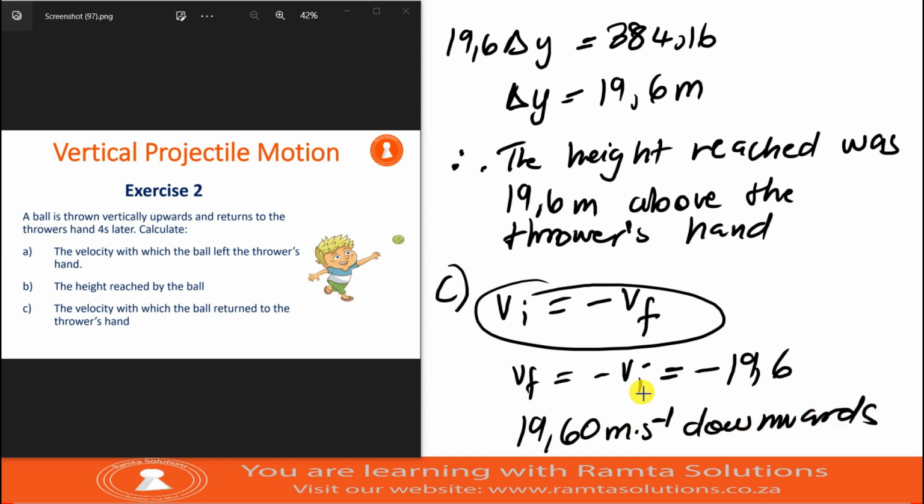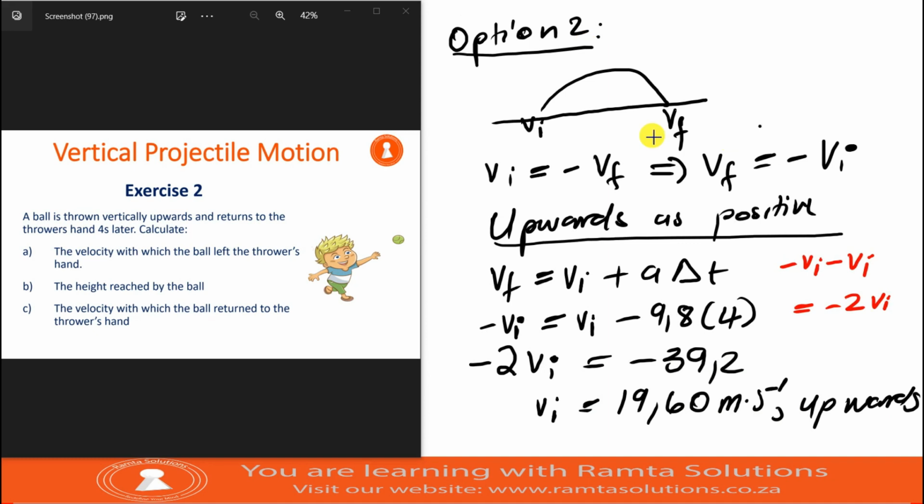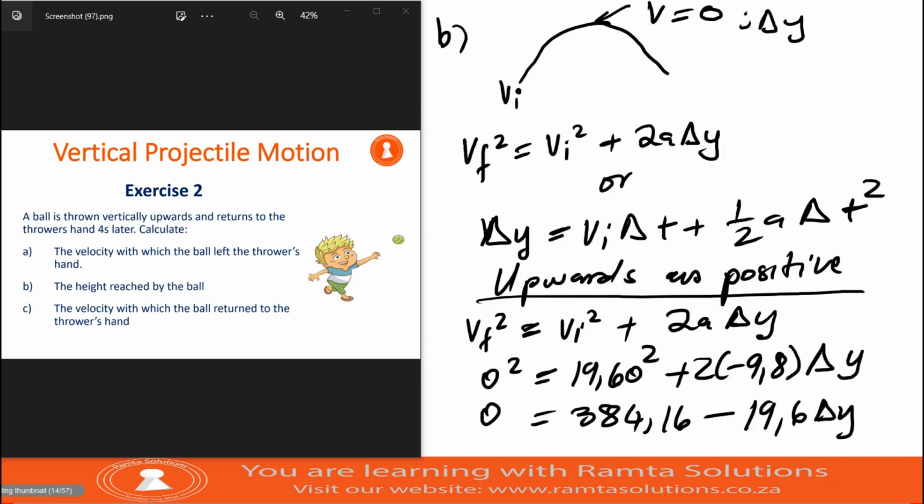This question will be 1 mark or 2. You didn't even have to do this. You had to remember the information I gave you, that at the same point velocity is equal in magnitude, but of course in opposite direction.